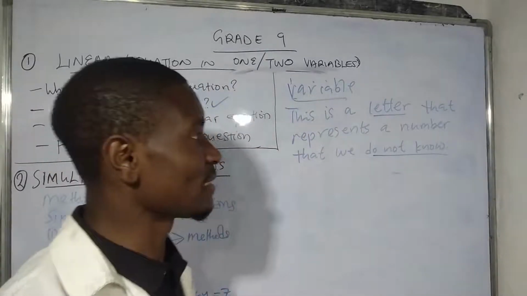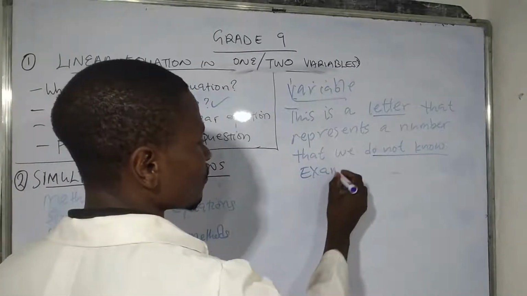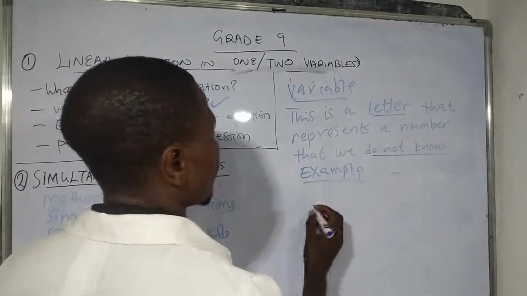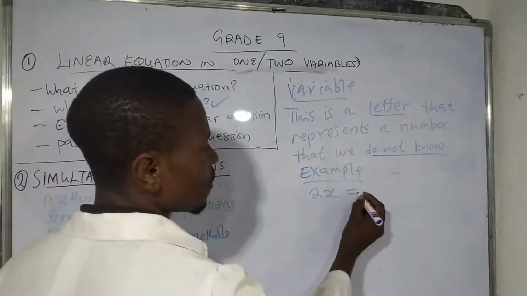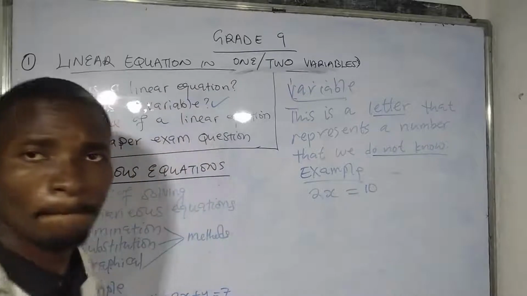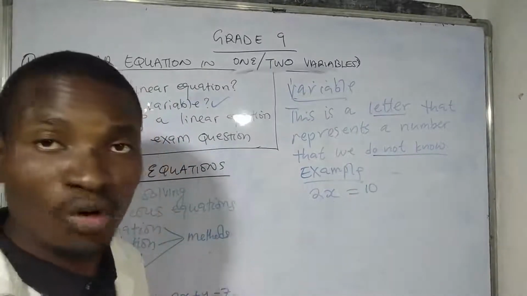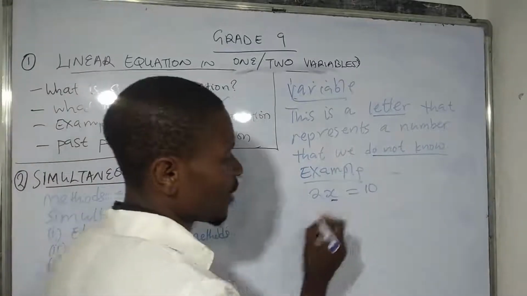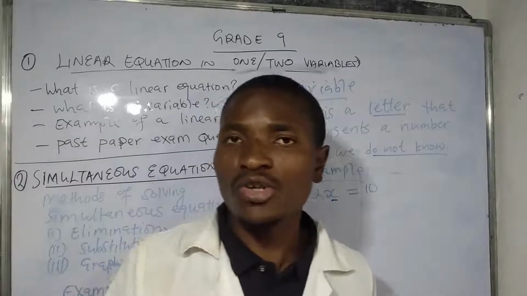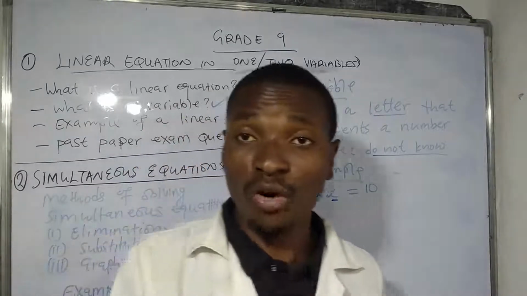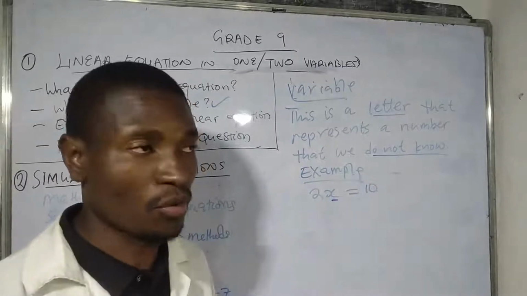Whenever we have something like 2x equals 10, in this equation the variable is x, because we do not know the exact value of x.